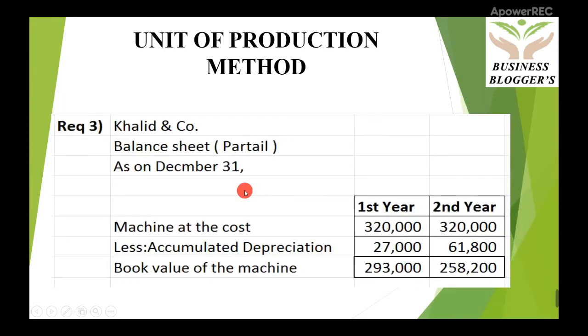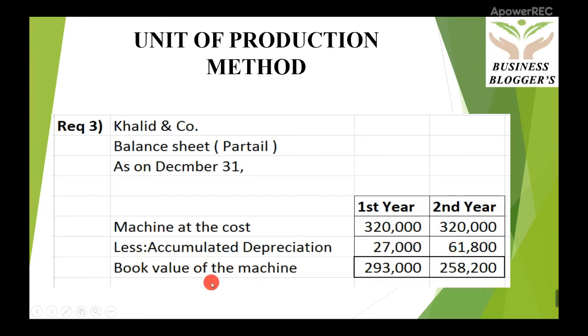Okay, let's solve the third requirement, which is the partial balance sheet. Khalid and Co. partial balance sheet as on December 31st. First of all, we make two columns, first year and second year. We will write down the machine cost, which is 3,20,000 rupees in both years, and less accumulated depreciation 27,000 and 61,800.